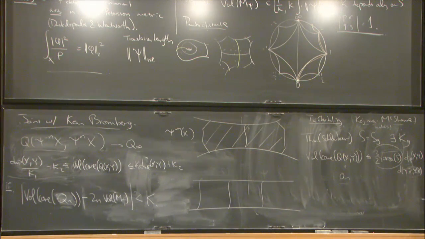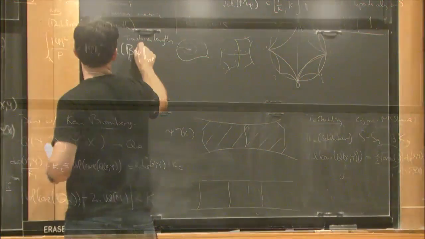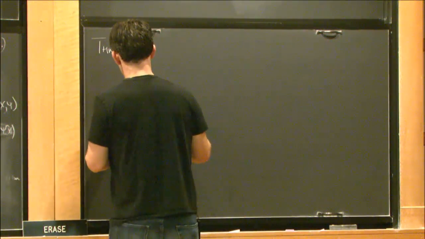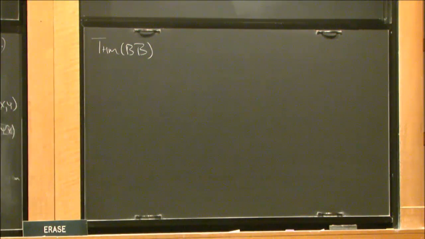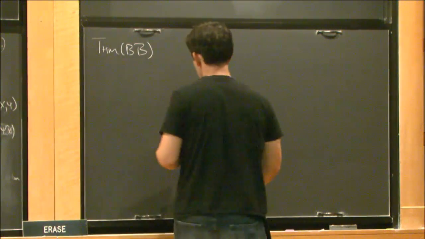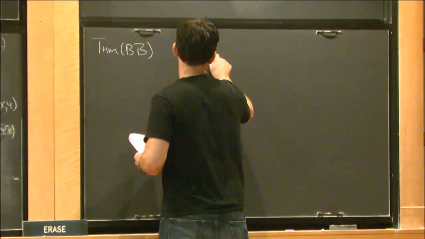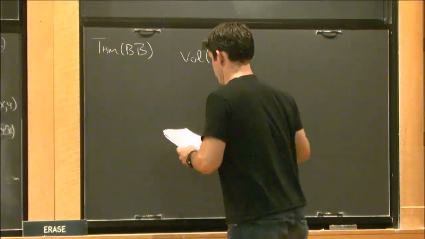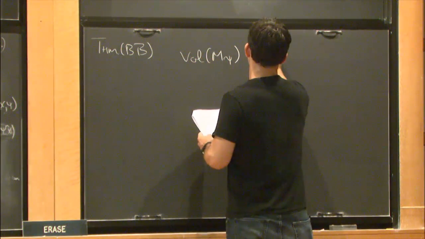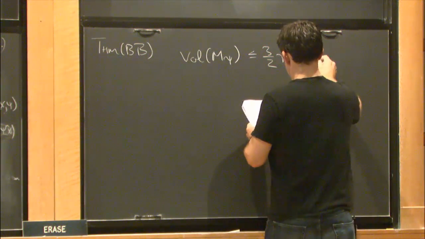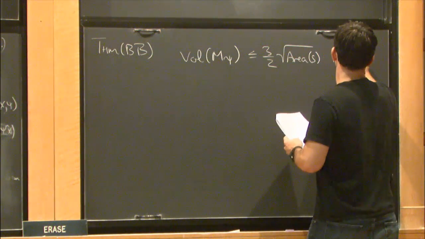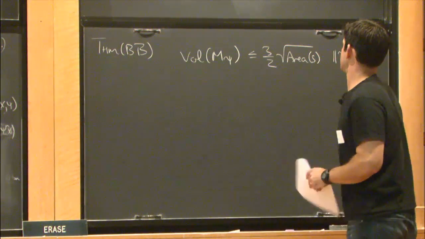So what Ken and I showed, star over there, let's call this star, was indeed that the volume of the mapping torus is less than or equal to 3/2 times the square root of the area of S times the Weil-Petersson translation length.